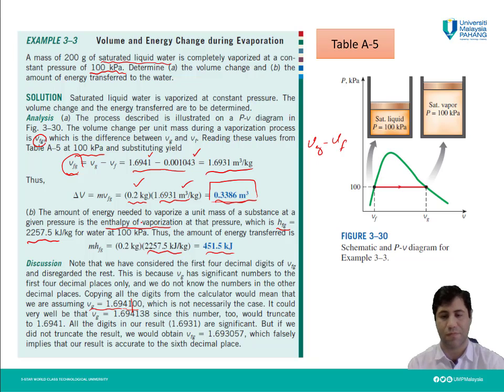So this is also important when you are going to find VG or VF, because if you don't do this and don't consider the significant digits, you will have different results for this calculation. And as you can see here, the numbers are very small, and it is effective on the final answer you may get from this calculation.